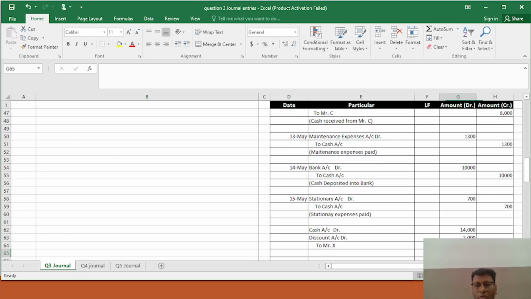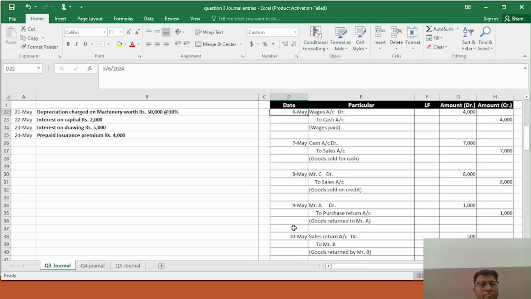The narration would be: cash received from Mr. X in full settlement of account. And what about the date? It is the 16th of May, so you can mention the date.